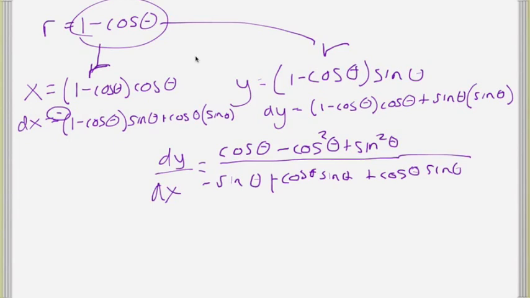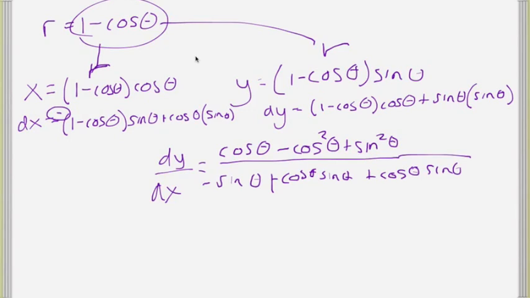None of our examples are actually generally neat. I was really hoping that in distributing something nice would happen, and it just really didn't. On the top, we got that sine squared plus cosine squared, kind of, but it's really minus cosine squared, so that doesn't turn into anything nice for us.